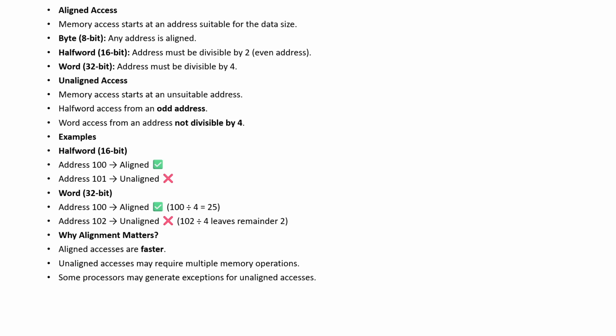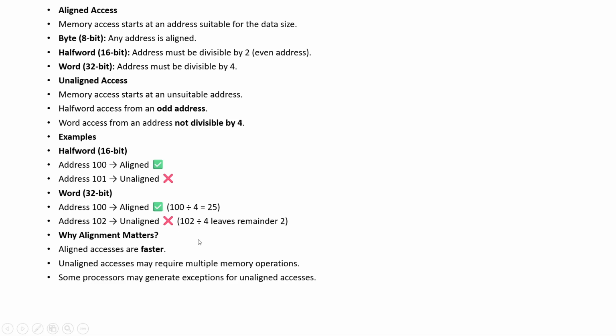For a half word, address 100 is divisible by 2 with quotient 50. And as I said, a word must be divisible by 4; even if it's not divisible by 4, it's unaligned.